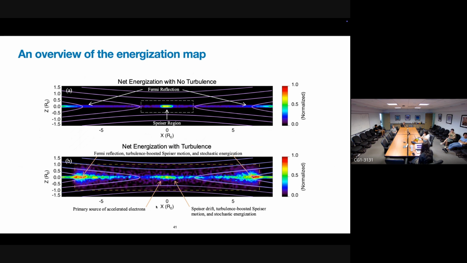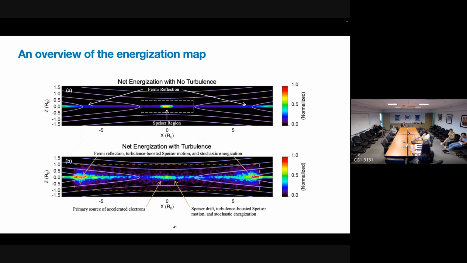And with turbulence, at first glance, you may think Fermi plays a really important part because you have the reddest region here. But with further investigation, we'll show that these Fermi parts look like they contributed a lot only because you have a denser plasma in those regions. They actually contribute more to the thermal particles, which is the lower energy part.